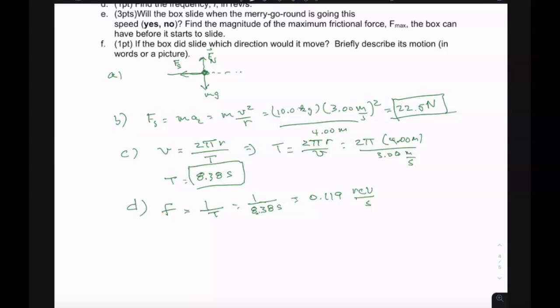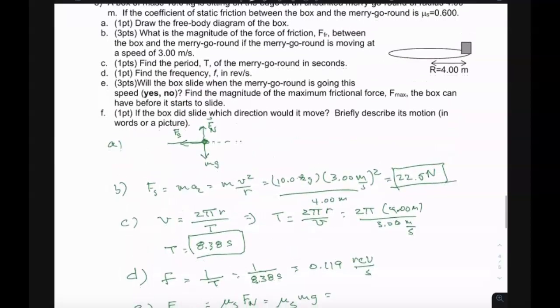So let's calculate this. F sub S max, or F max, is equal to mu sub S times the normal force. And we know from the free body diagram in part A that the normal force is equal to mg. And they tell us that mu sub S is 0.600.